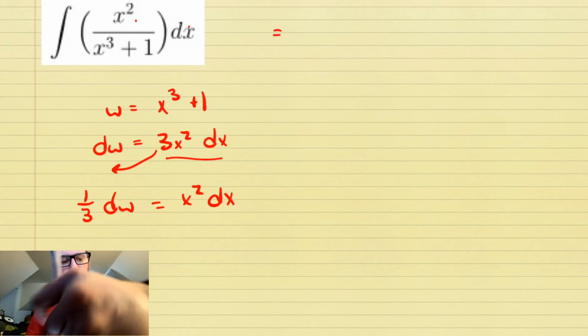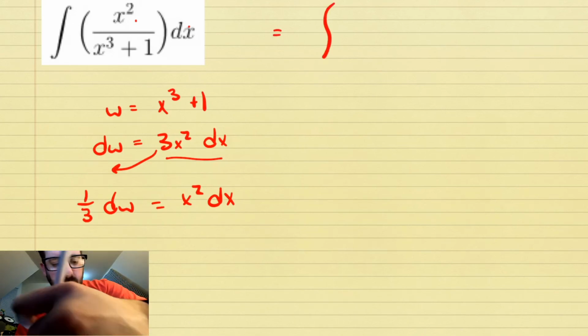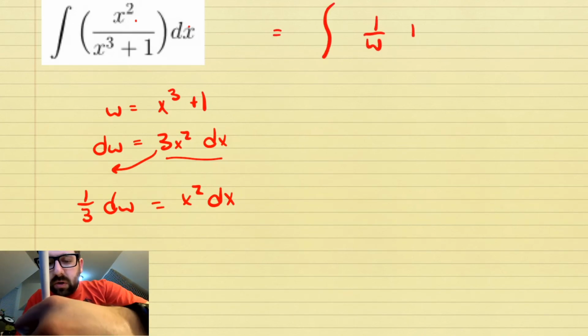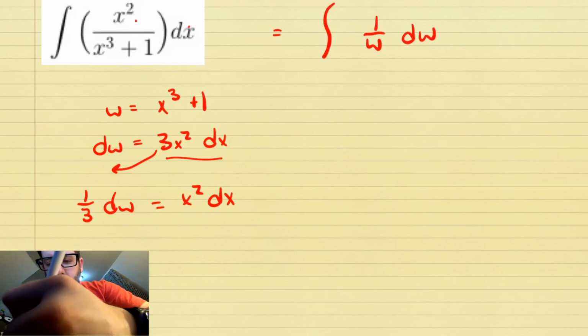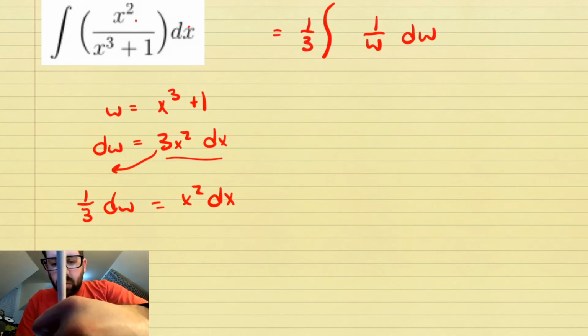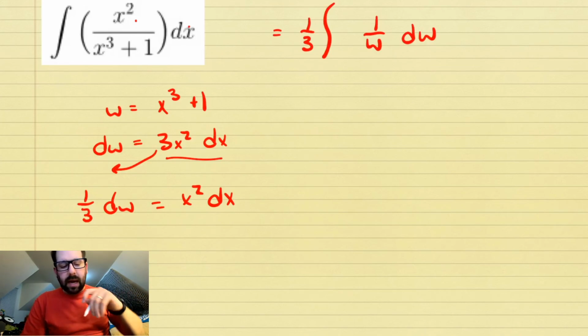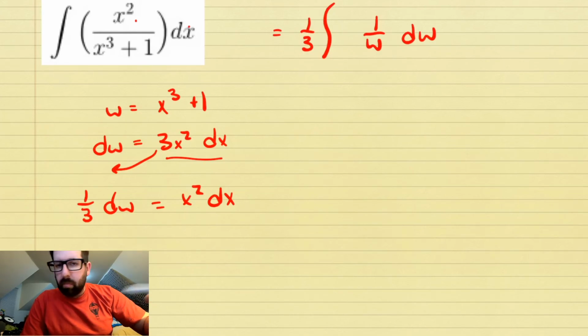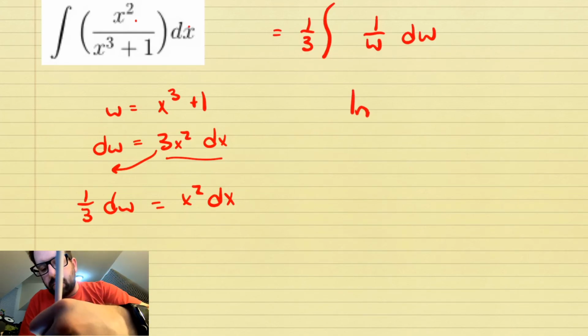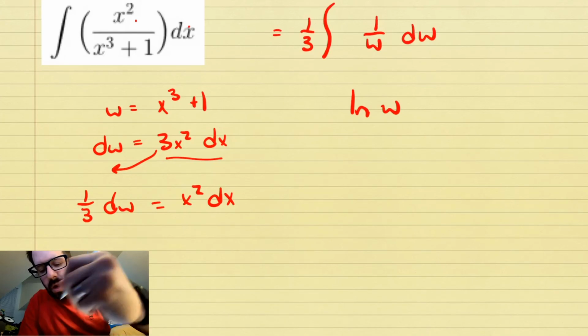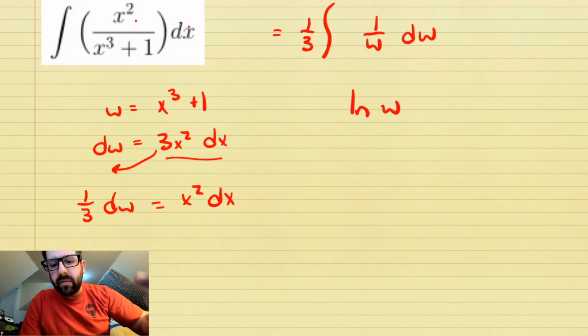So substituting these back in, here's what we have. We have a 1/w dw, and then the 1/3 would have been out front because it was a constant. Since it's just 1/w, there is no power on the w, this would just be the natural log of w. That's the antiderivative of 1/w.